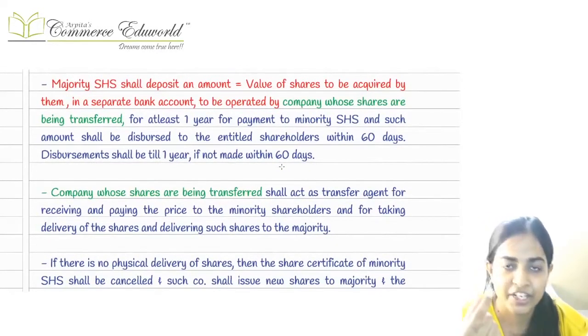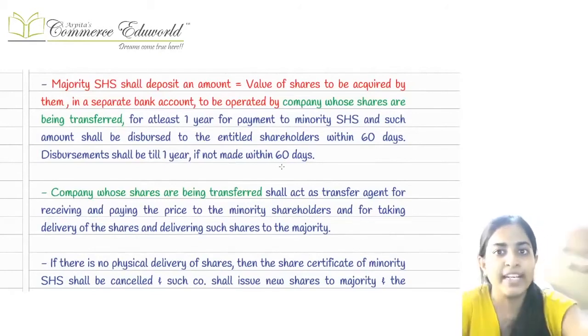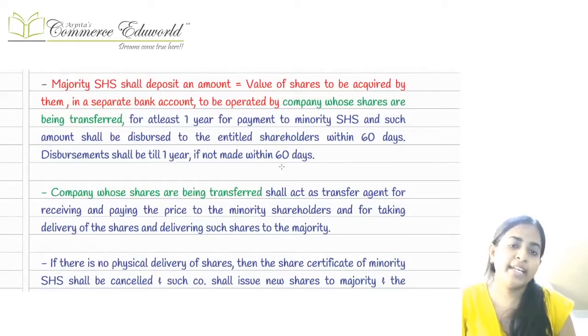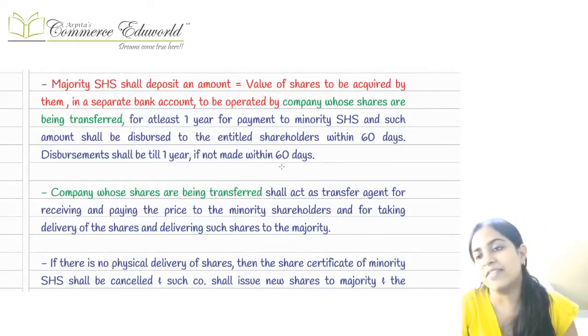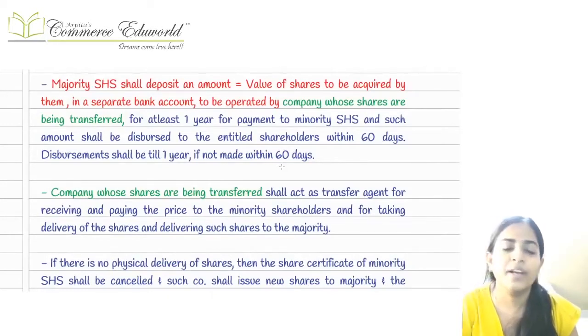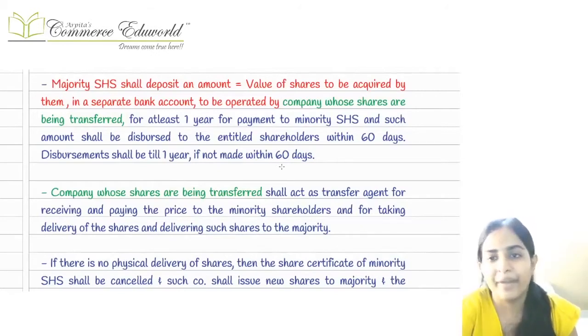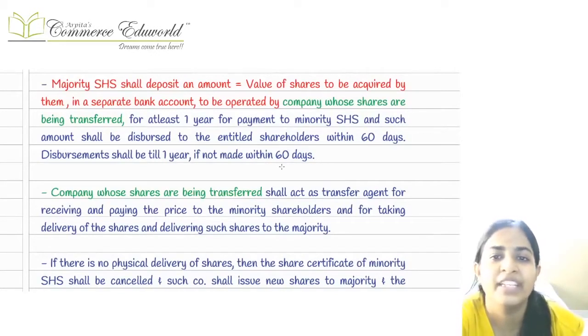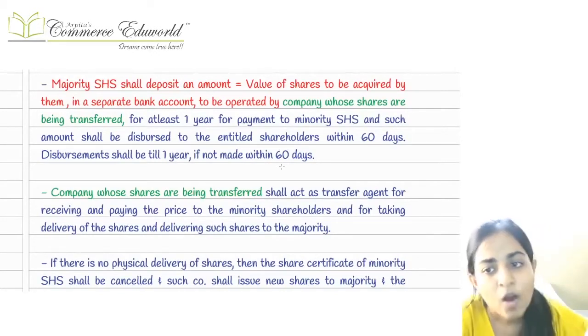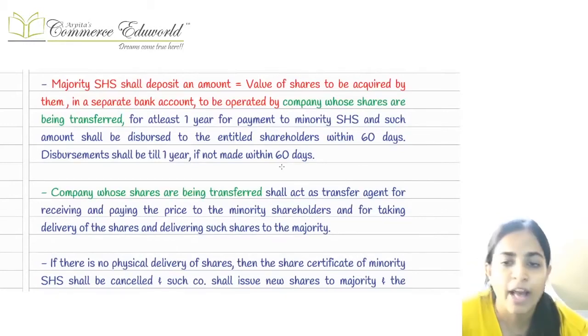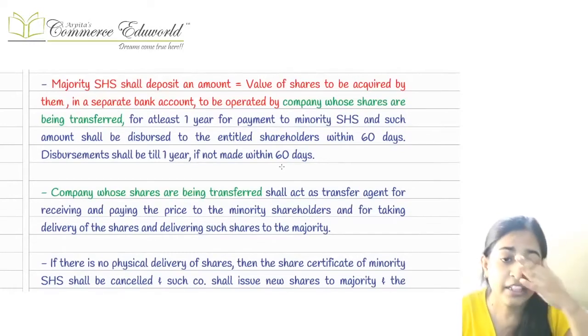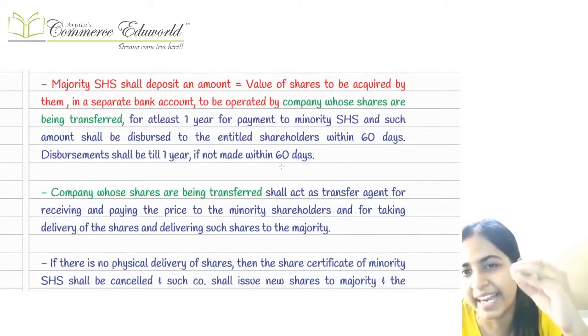So the consideration will be paid by the majority to the minority, and shares will be given by the minority to the majority. Once this is decided, the money will be transferred by the majority into a separate bank account, and the disbursement should happen within a period of 60 days from the day the shares are acquired.